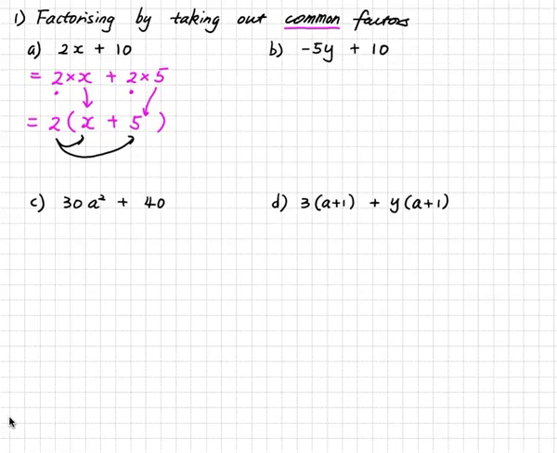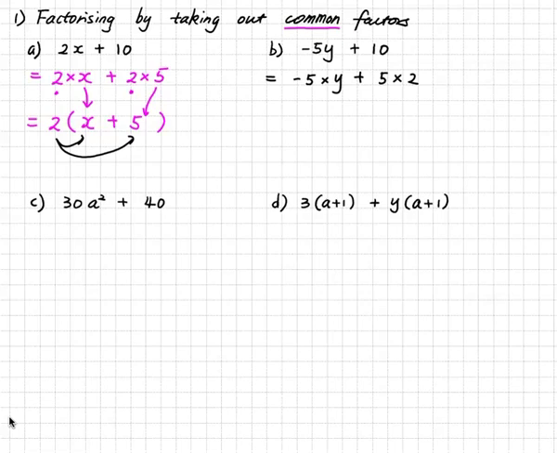Question B. Negative 5y plus 10. So again, you're going to look for the factors of each term. Negative 5y, you can say this is negative 5 times y. Plus, you have 10. 10 can be 5 times 2.